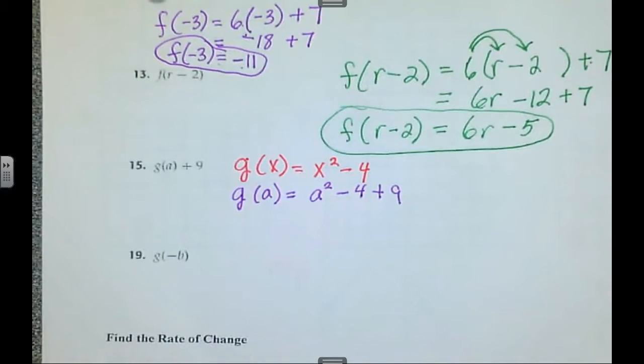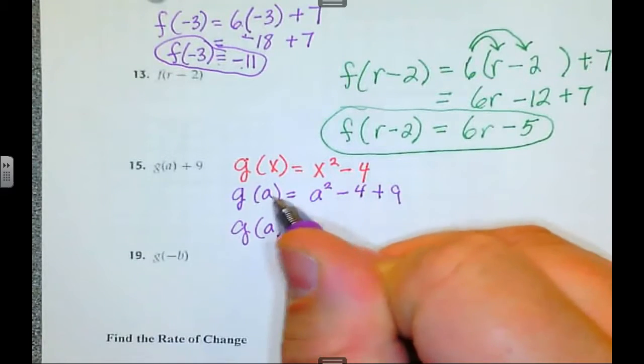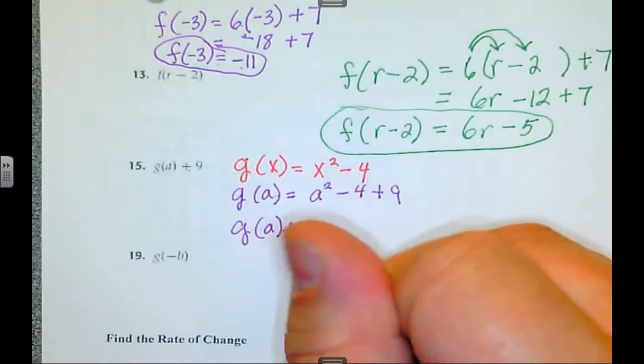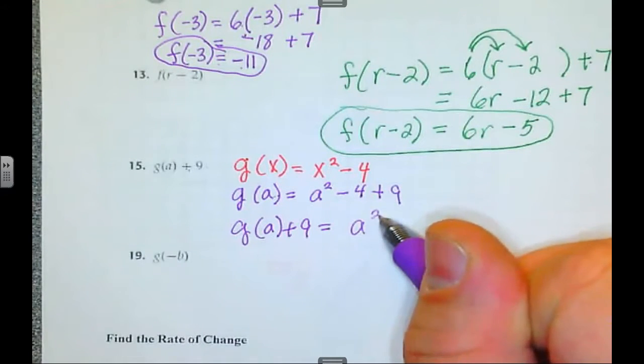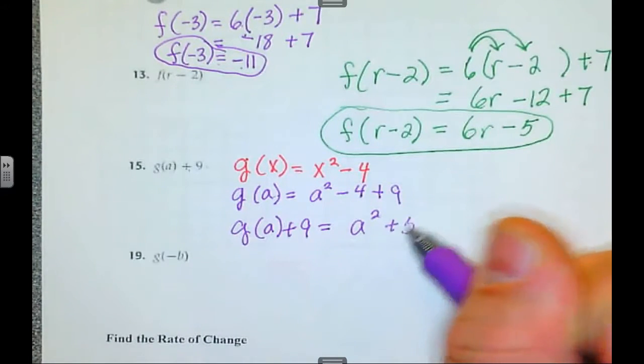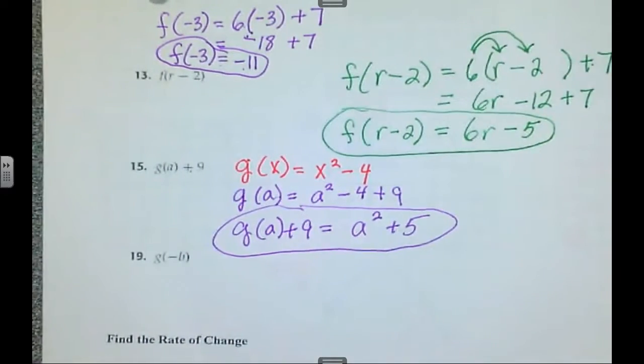So what's -4 plus 9? I have the g of a, and then I'm adding 9, equals a squared plus 5. Okay. It's a little tricky. Yes, Esco.